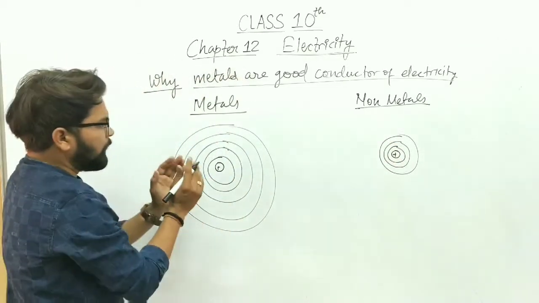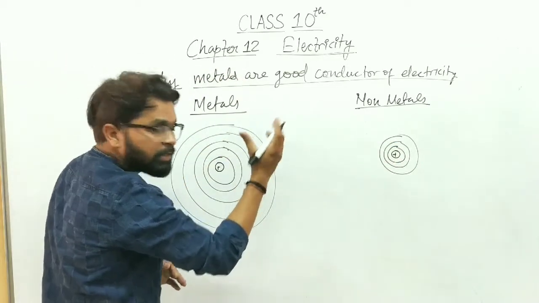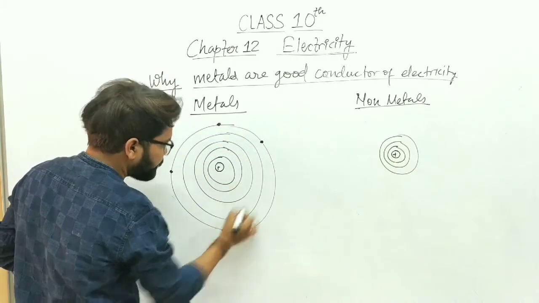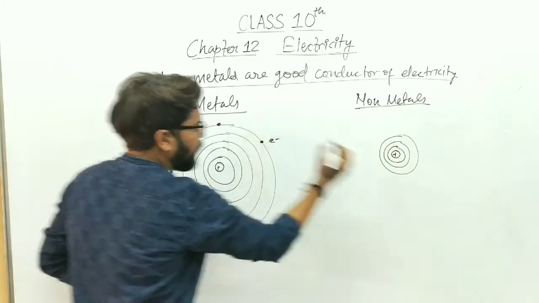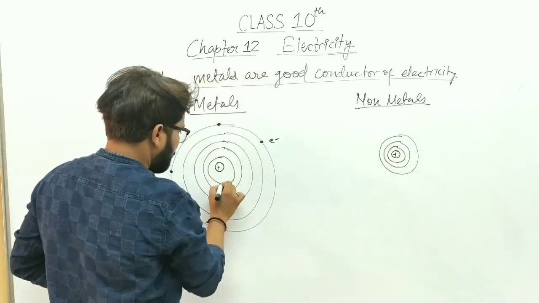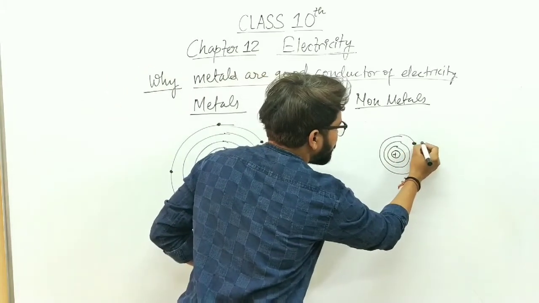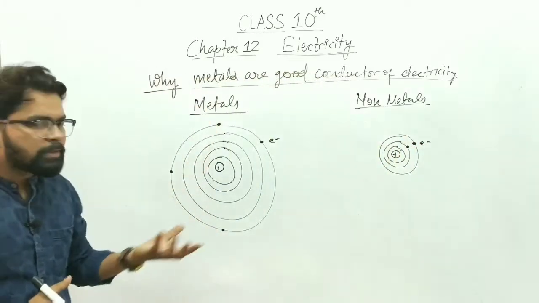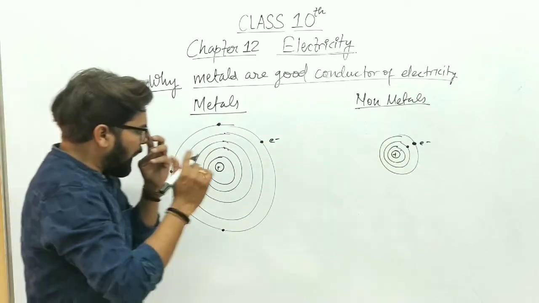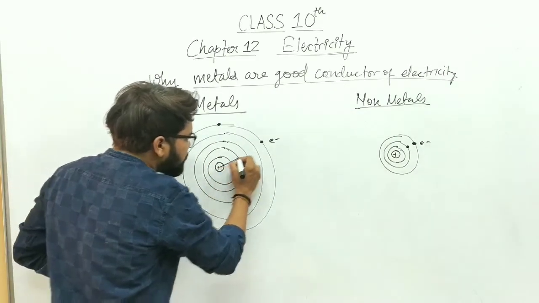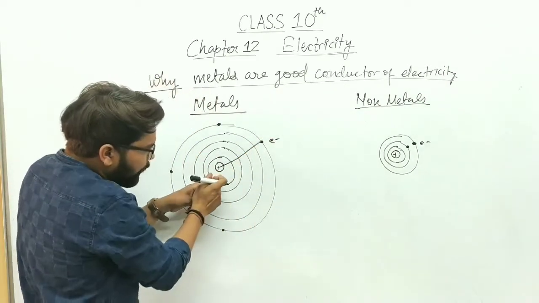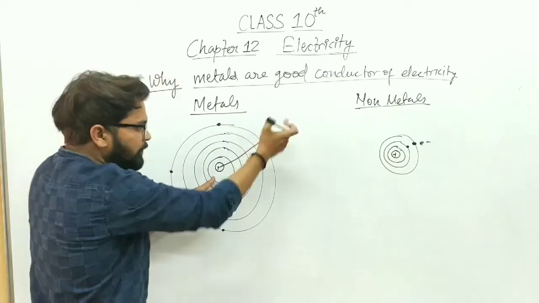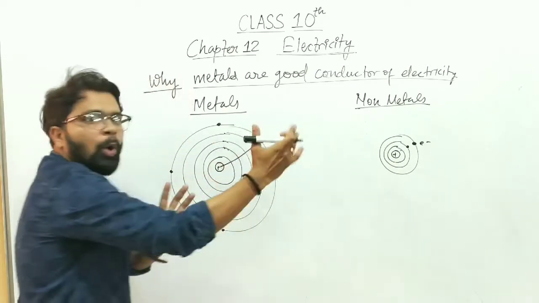Now the electrons, or the free charges, which are moving in this outer shell. As we all know, in metals the distance between the nucleus and that particular electron, this free charge, is quite long.